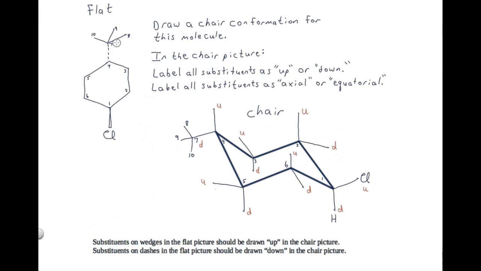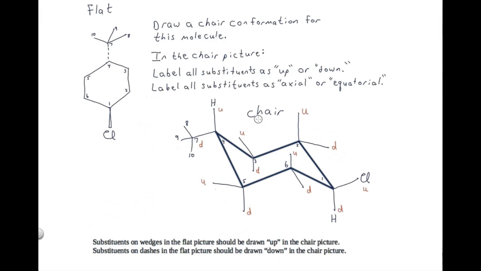Carbon 7 was on a dash connected to carbon 4 in the flat picture. Therefore, carbon 7 should be in the down position connected to carbon 4 in the chair picture. And in this up position, we should put a hydrogen to match the hidden hydrogen from the flat picture.